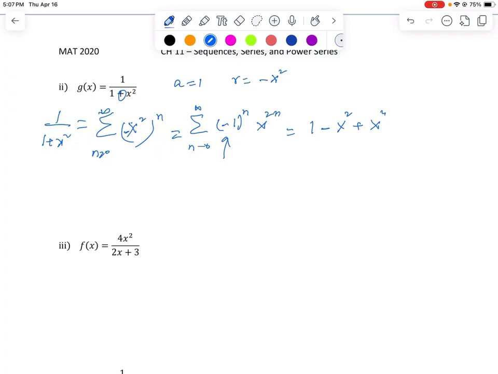What do you think will be the next term? Now we plug in 3. Negative 1 cubed is negative 1. And what is the power on x? x raised to the power 2 times 3, which is 6. So you get a series like this, with all the x's having even powers. Next term will be plus x to the 8, minus x to the 10 and so on. So this is the power series for 1 over 1 plus x squared.